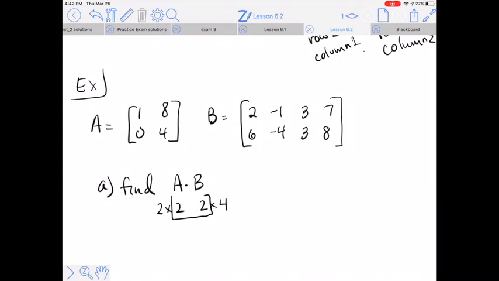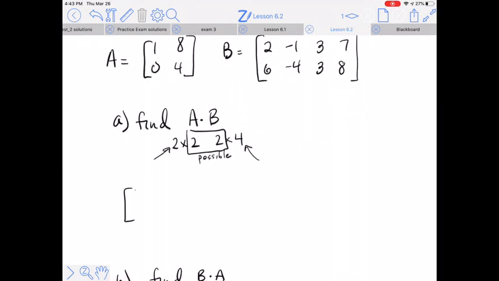So we check to see if it's even possible. The number of rows of the second matrix is equal to the number of columns of the first matrix, so it's possible. And then it's going to result in a 2 by 4 matrix.